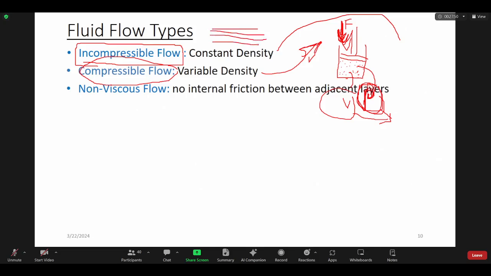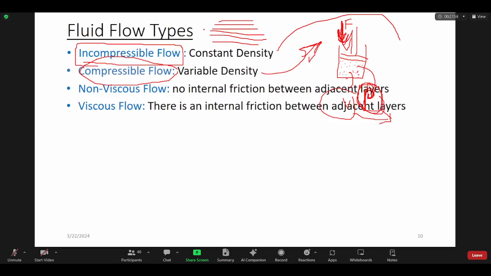Inside of the fluid, we can consider different layers. I will show you some examples of fluid layers in future. Non-viscous flow, we will discuss now.